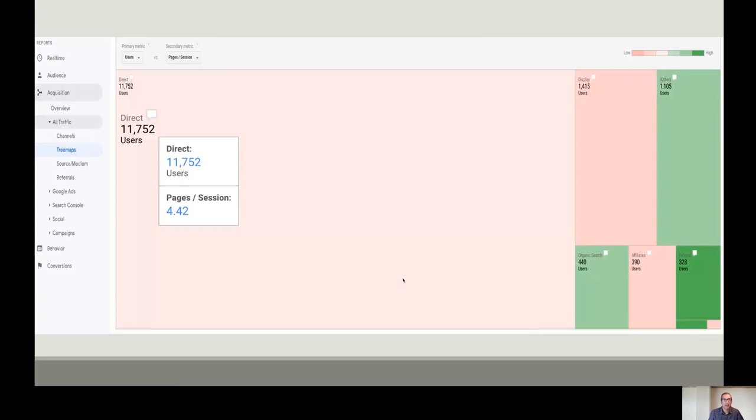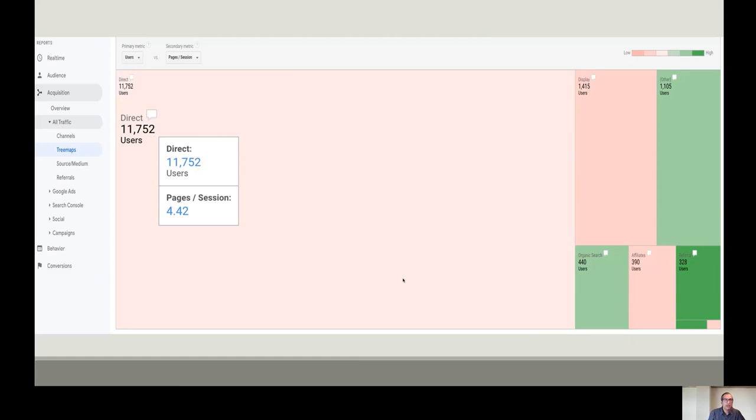So here is an example of the tree maps report. And you can see very visually that the direct traffic constituted 11,752 users, okay? And the display traffic brought in 1,415 users, and so on and so forth.